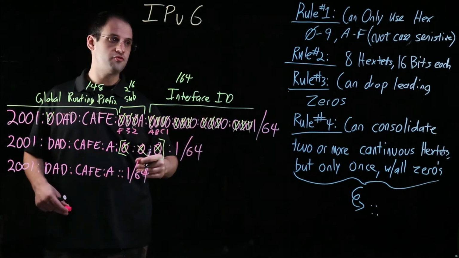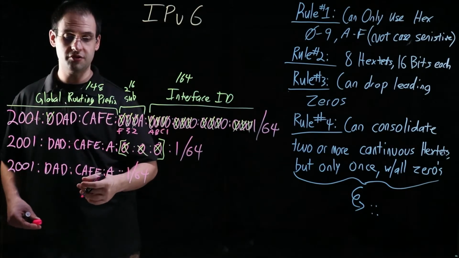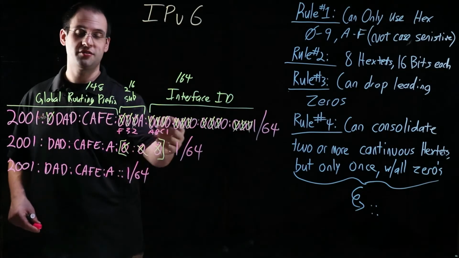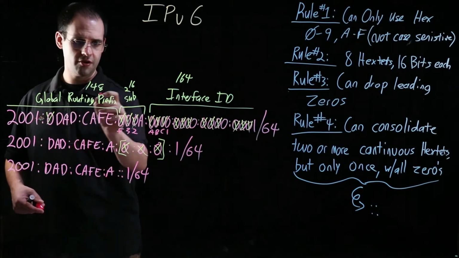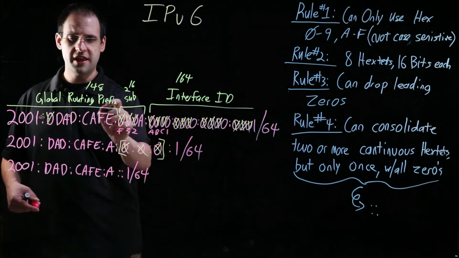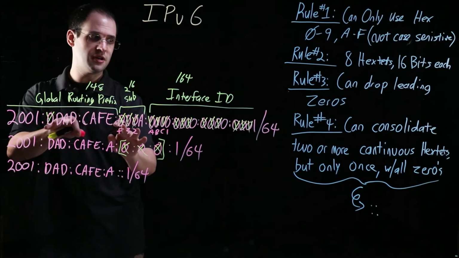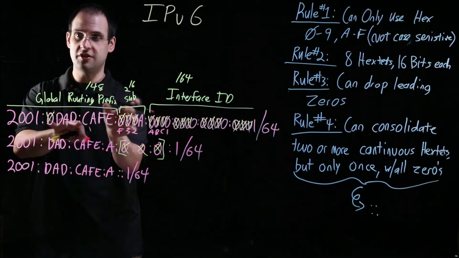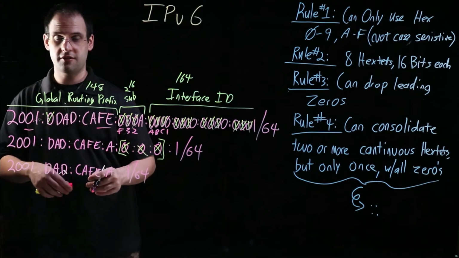You can only drop leading zeros, and can only consolidate if there's a continuous stretch of more than one hextet that's all zeros and adjacent to each other. If I had all zeros here and all zeros here, well, cafe is in between them, so that would not be adjacent. They have to be two continuous or adjacent hextets. They can't be split up by another hextet.